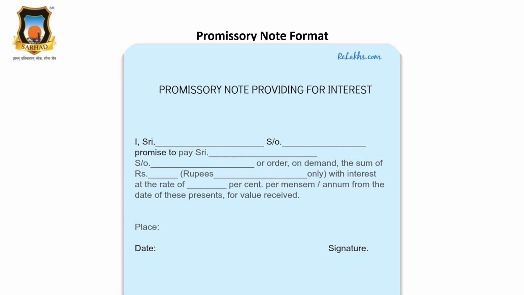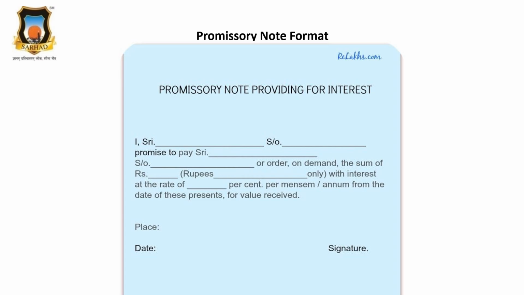You can understand the name of the drawer is there, the name of the drawee is there, the place is there at the end of the promissory note, the date is also there, and the signature is there. It means this is a complete set, or the format, of the promissory note.